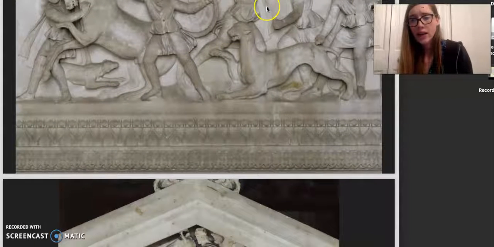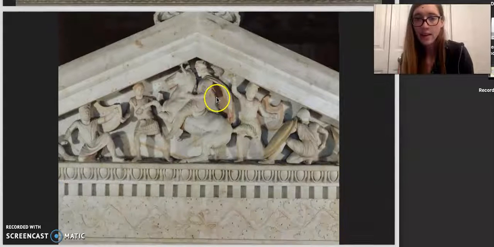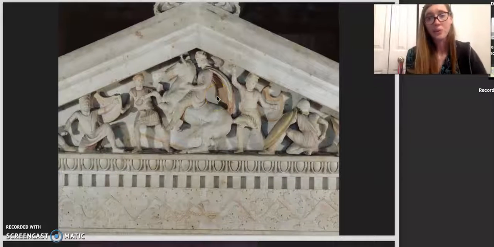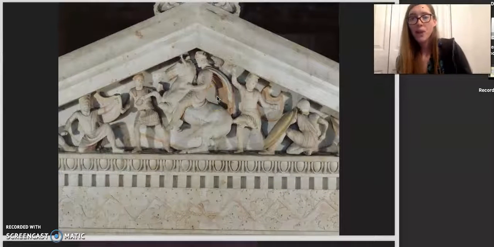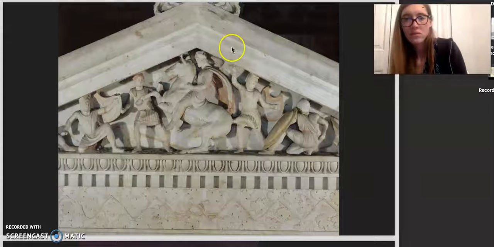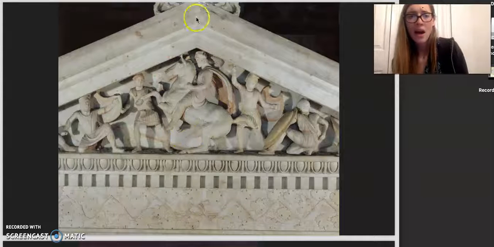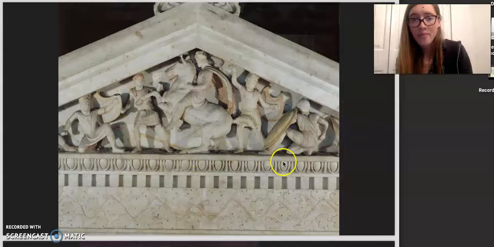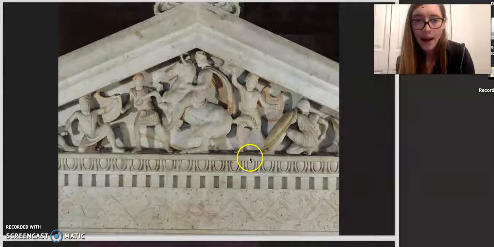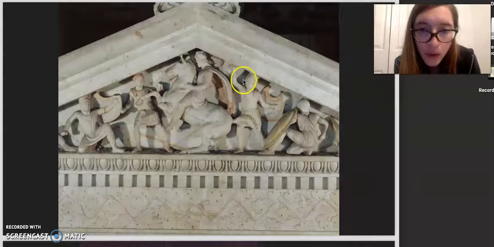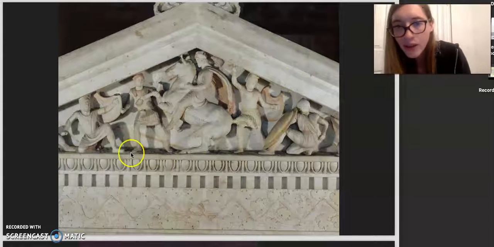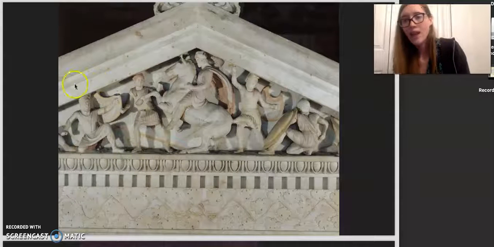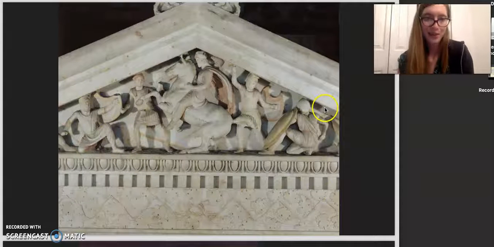If we scroll down and look at the pediment here, the gable relief, we have a really interesting composition where we have a Persian on horseback at the very center, flanked on both sides by a Persian soldier and a Greek soldier, and then we have another Persian soldier and another Greek soldier.